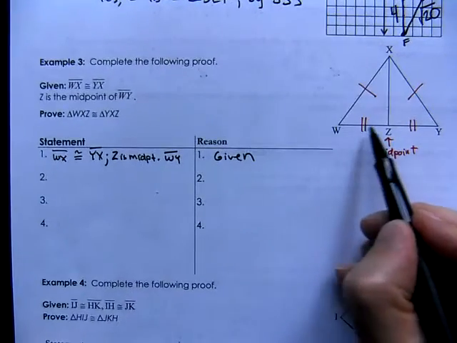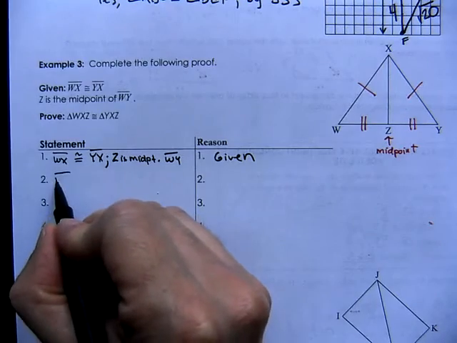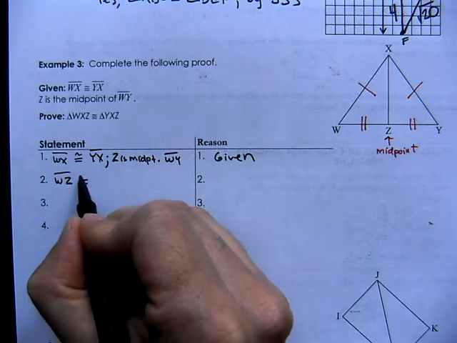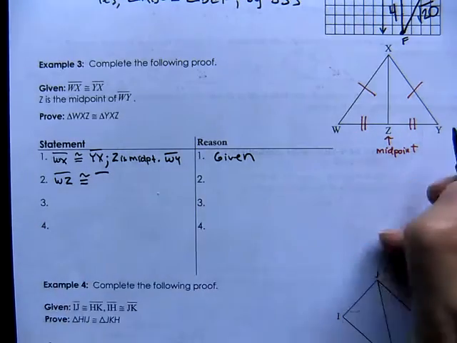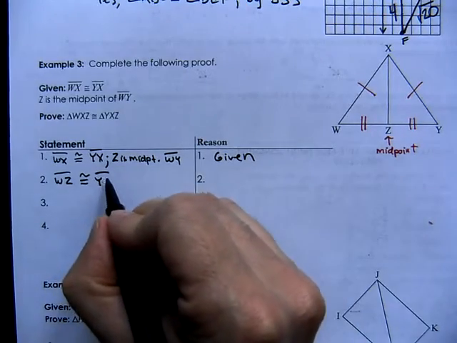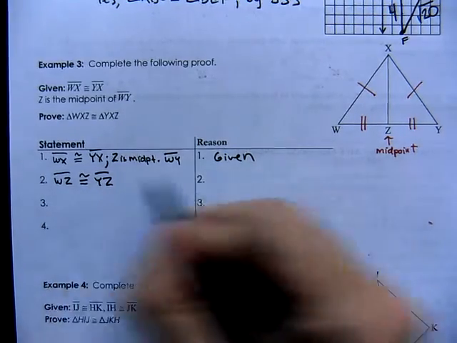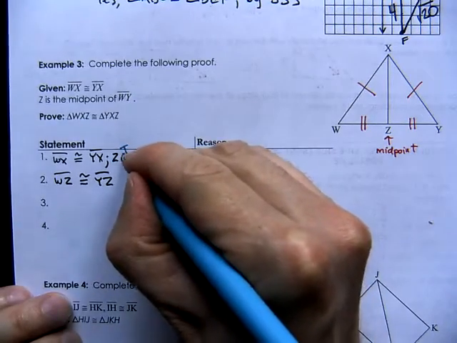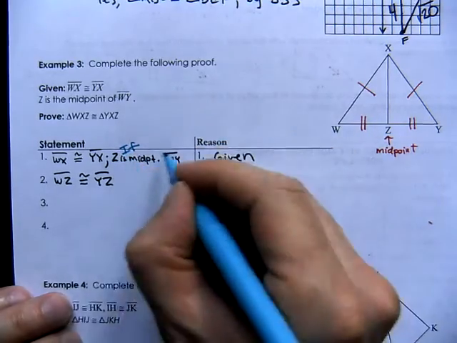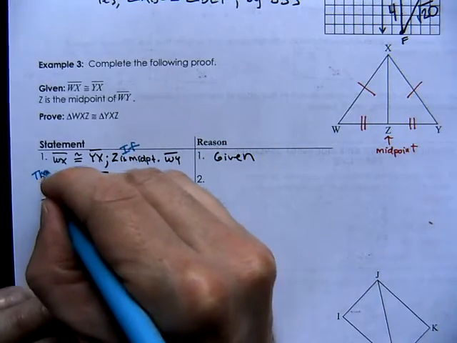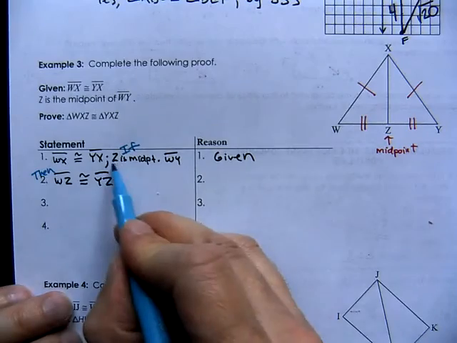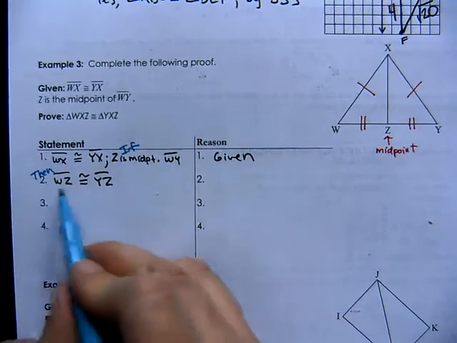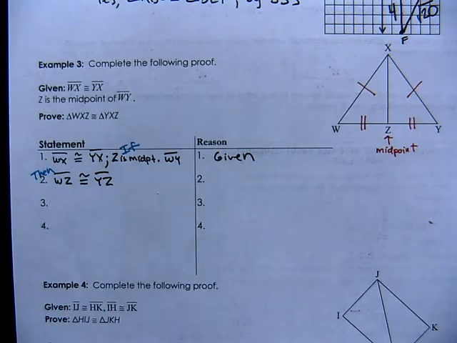We're saying that the segment from W to Z is congruent with the segment from Y to Z. Okay, how did we know that? We knew that because we had a midpoint. So remember, because we made that conclusion from the midpoint, we're going to create an if-then statement where the if part comes from Z is a midpoint, and the then part comes from those 2 segments we just marked up.